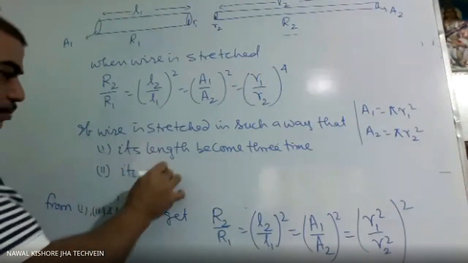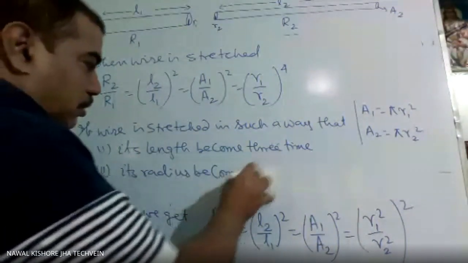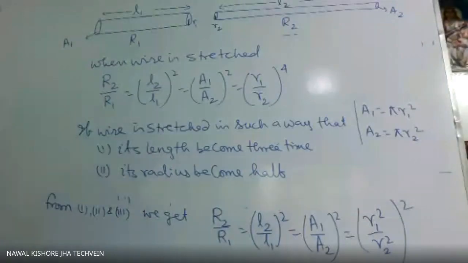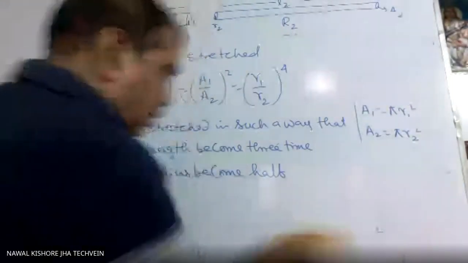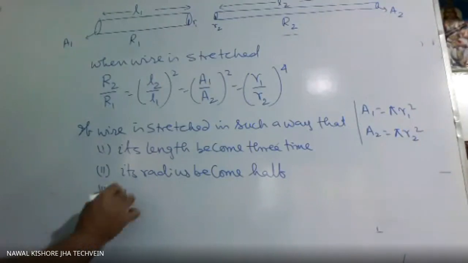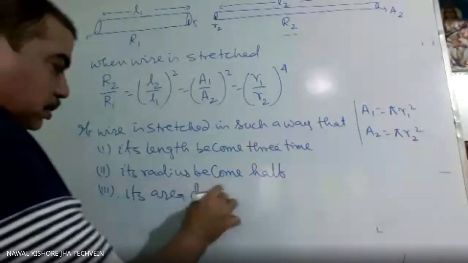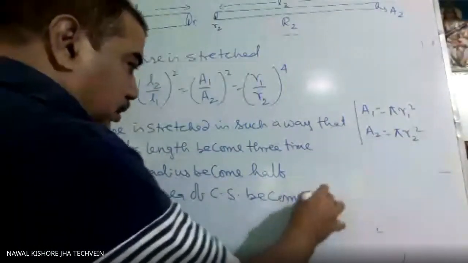Its radius becomes half. Its area of cross section becomes 1/3.